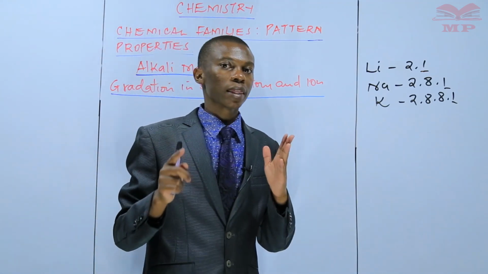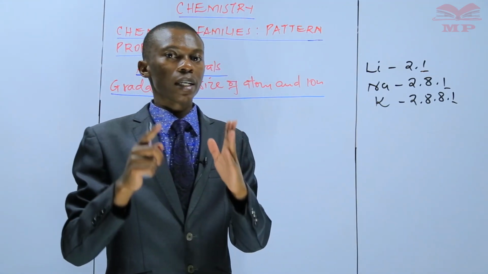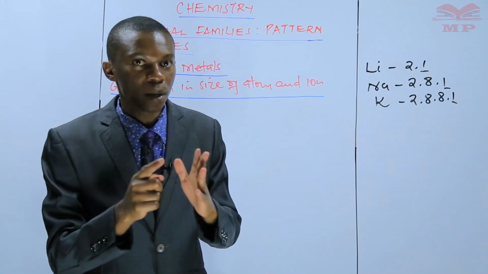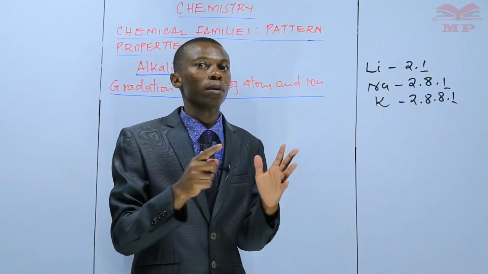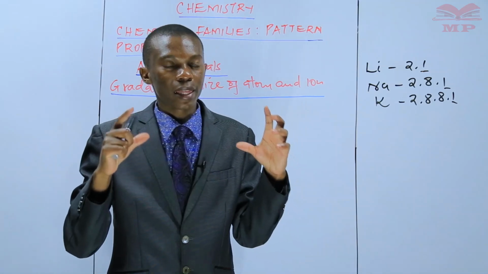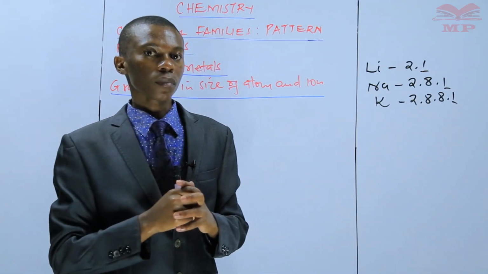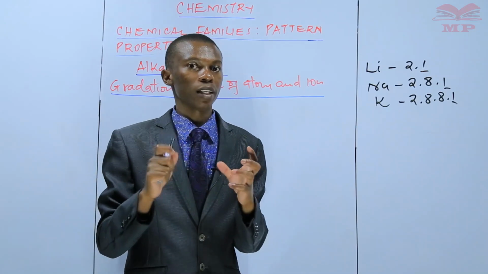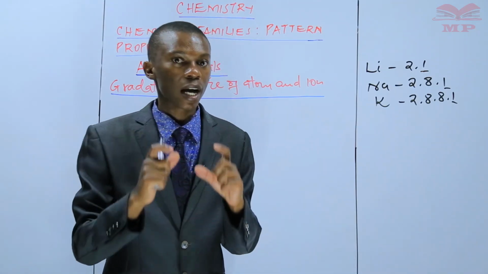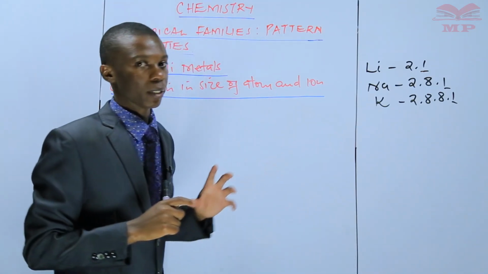That's why we say the size of potassium is larger than the size of sodium, and the size of sodium is larger than the size of lithium, depending on the number of energy levels occupied by electrons in each atom or element.